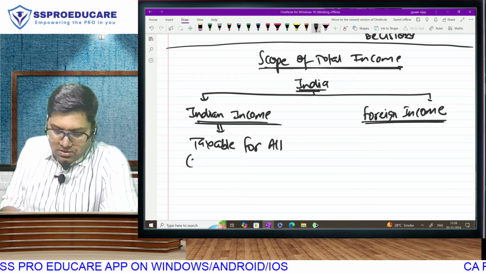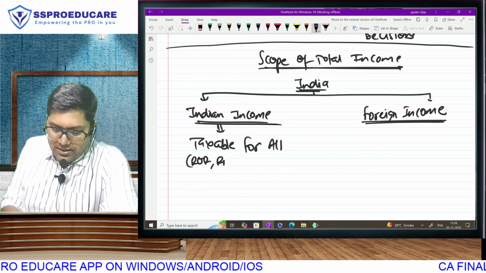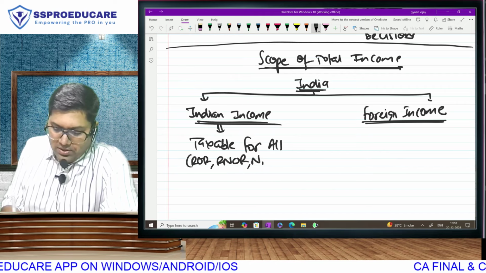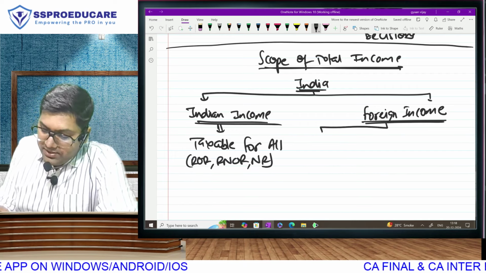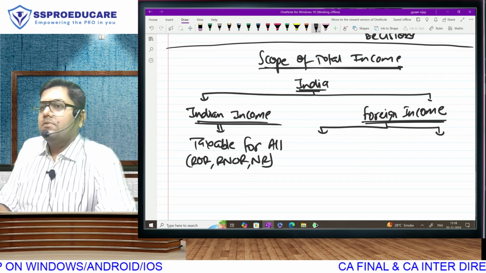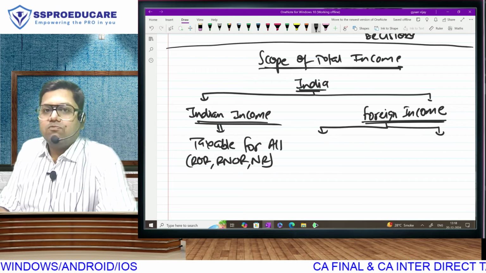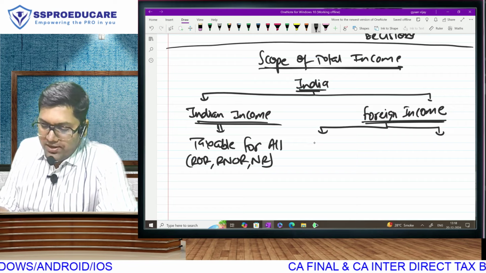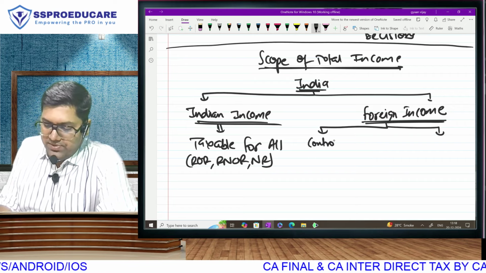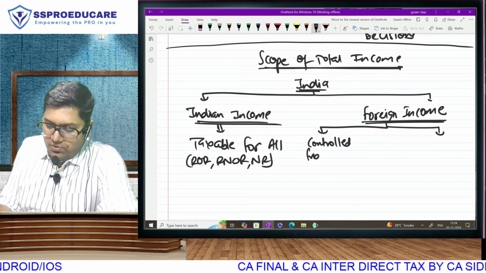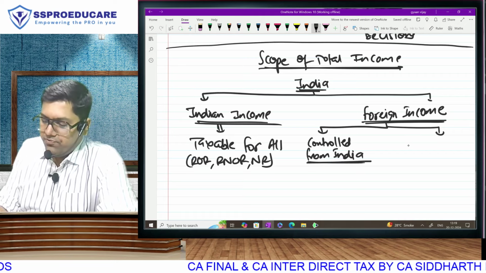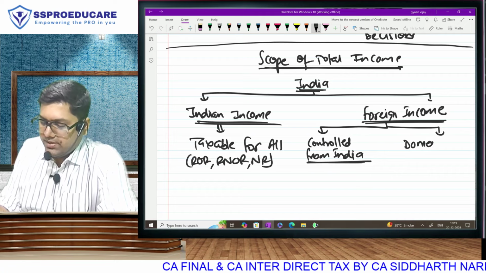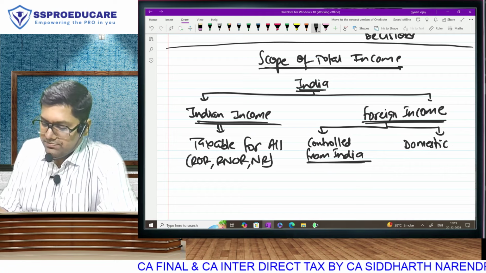Whether you are ROR, RNOR or NR, non-resident also has to pay tax. Foreign income will be divided into two categories. Sir, what two categories? Foreign income which is being controlled from India, and foreign domestic income, local income, no control from India.